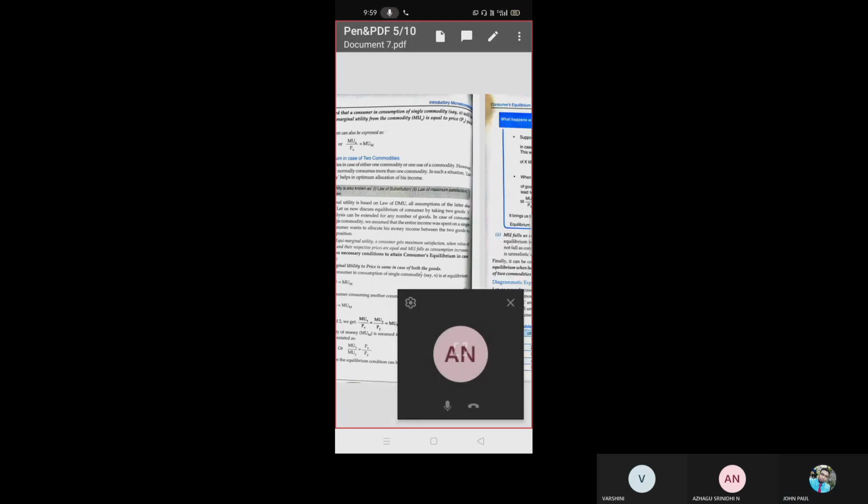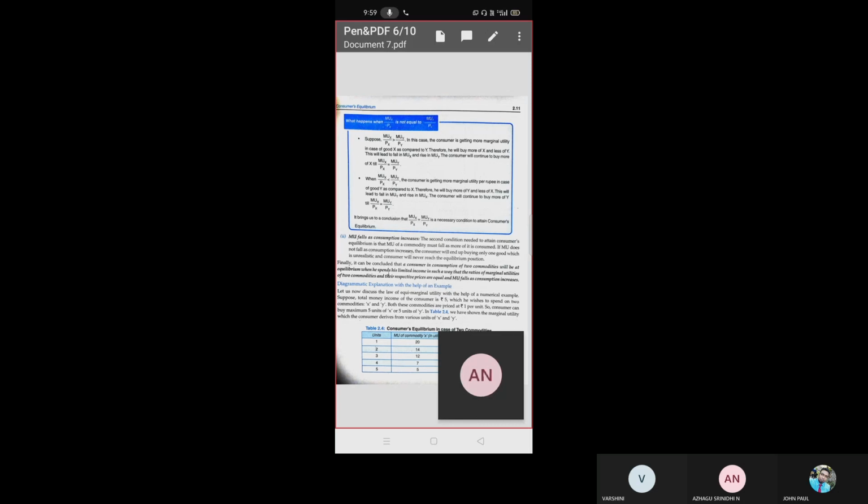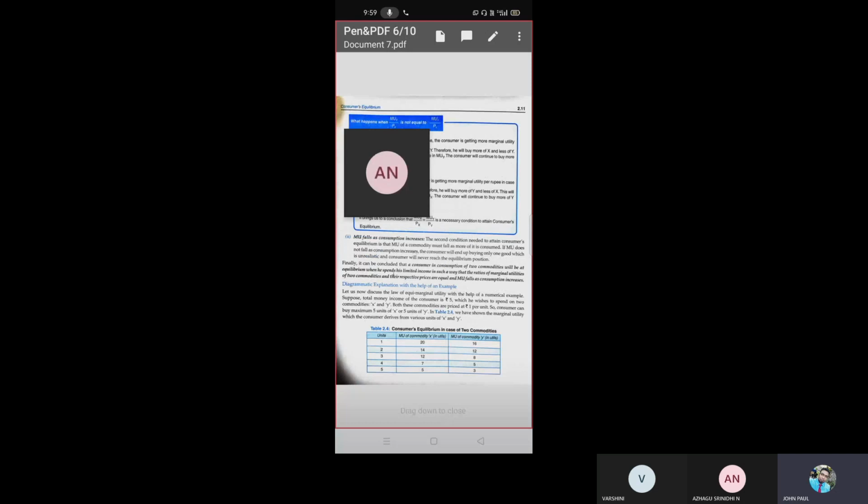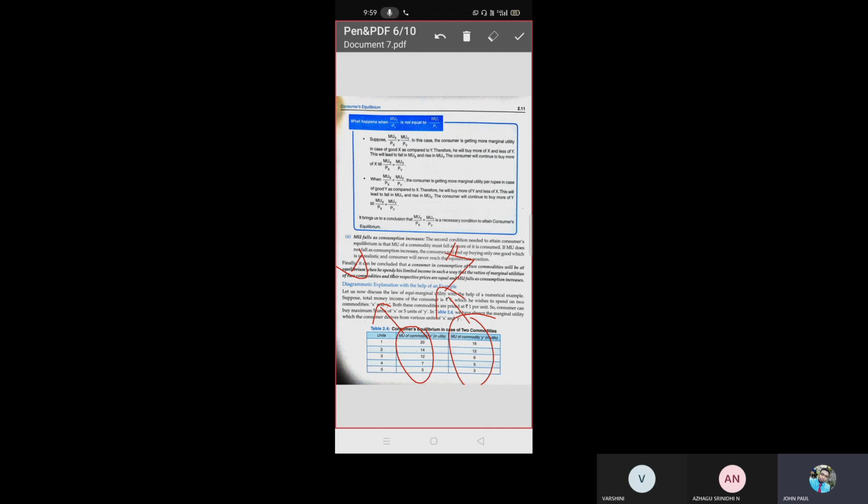So next. These are the two commodities. Whatever we have discussed so far is here. This is marginal utility of dairy milk and marginal utility of munch.